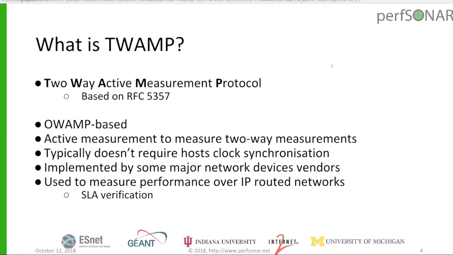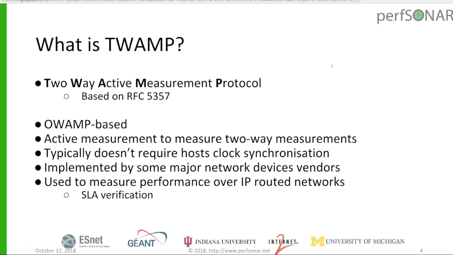In the context of using this protocol for measuring performance, TWAMP is also often implemented by some major network device vendors like Juniper or Cisco, where it's used for service level agreement verification, which is built into the network devices and then used by some tools and applications provided by the vendors.